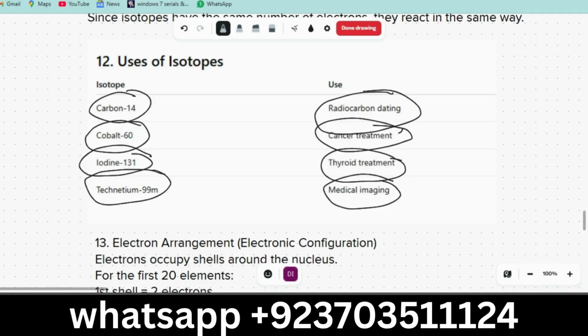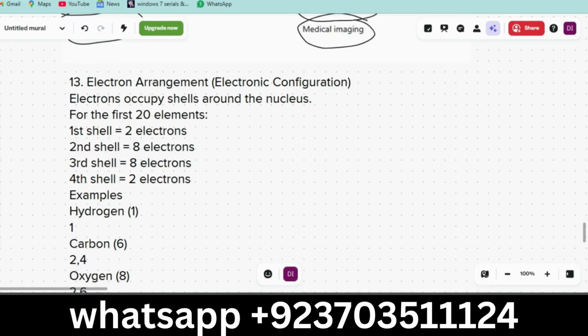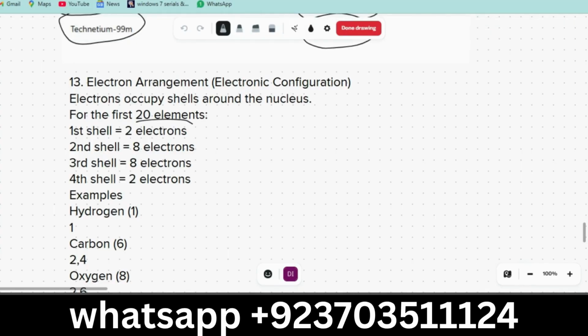So now we are going to talk about electronic configuration or electronic arrangement. Electrons occupy shells around the nucleus. For the first 20 elements, the first shell will always have 2 electrons. The second shell has 8, the third shell also has 8, and the fourth shell we will talk about in the higher topics.